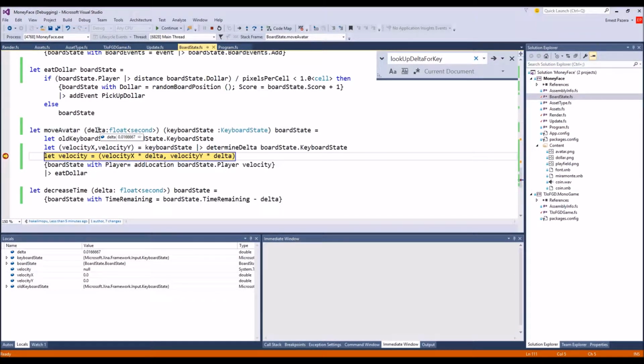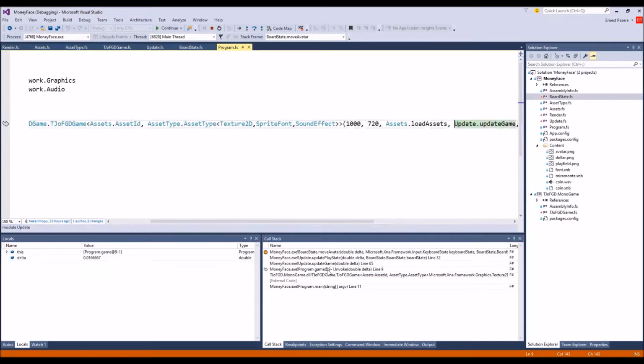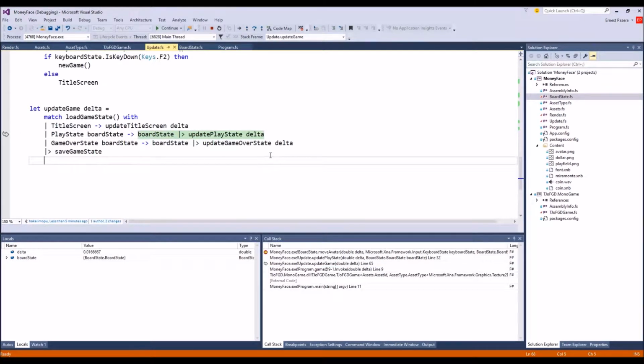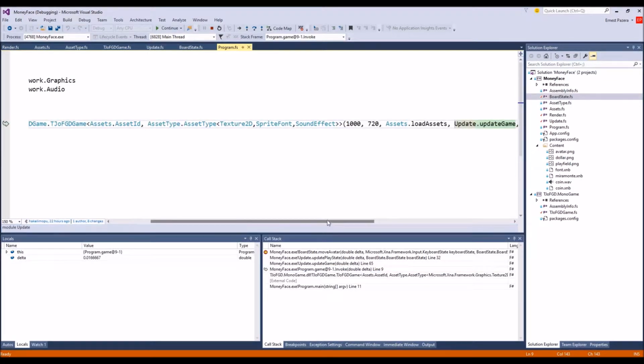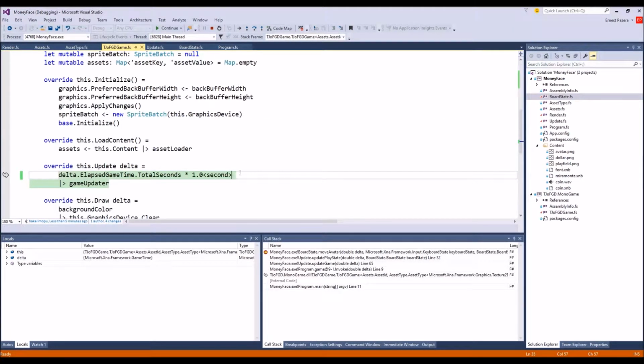So that's the number of frames. And let's go up to call stack, shall we? Update the games. Here's the game. No, not that one. So what's the delta? The delta total seconds is that. 1.0 second.